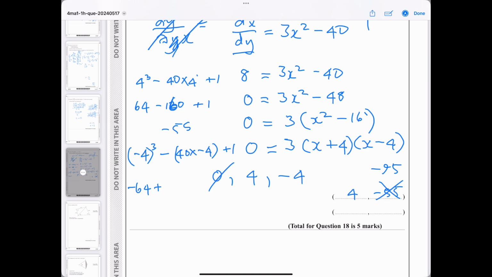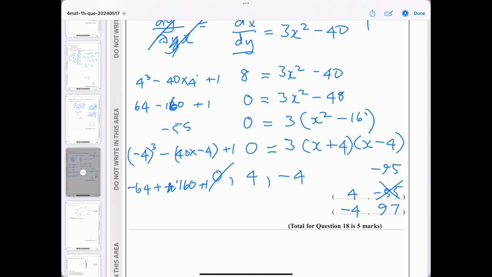I can't rub anything out because my rubber doesn't appear to be working. So minus 64 plus 160 plus 1 equals 97.